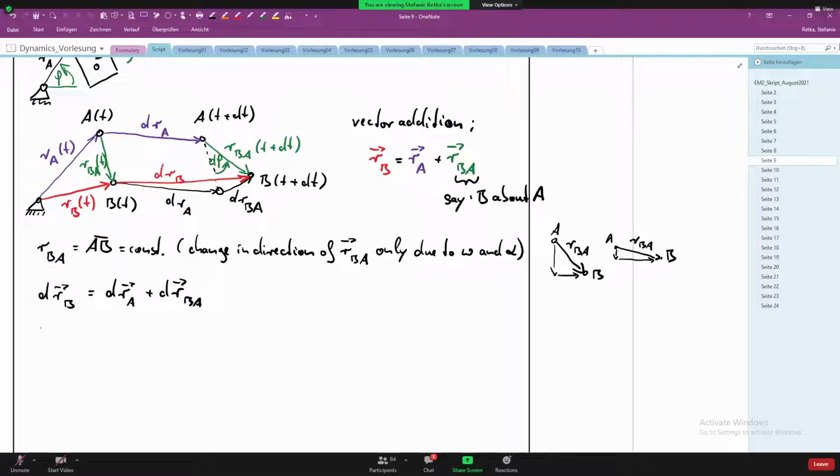We can build the time derivatives. drB dt results in the velocity of point B, and the velocity of point B then is drA dt plus drBA dt, or vA plus vBA.